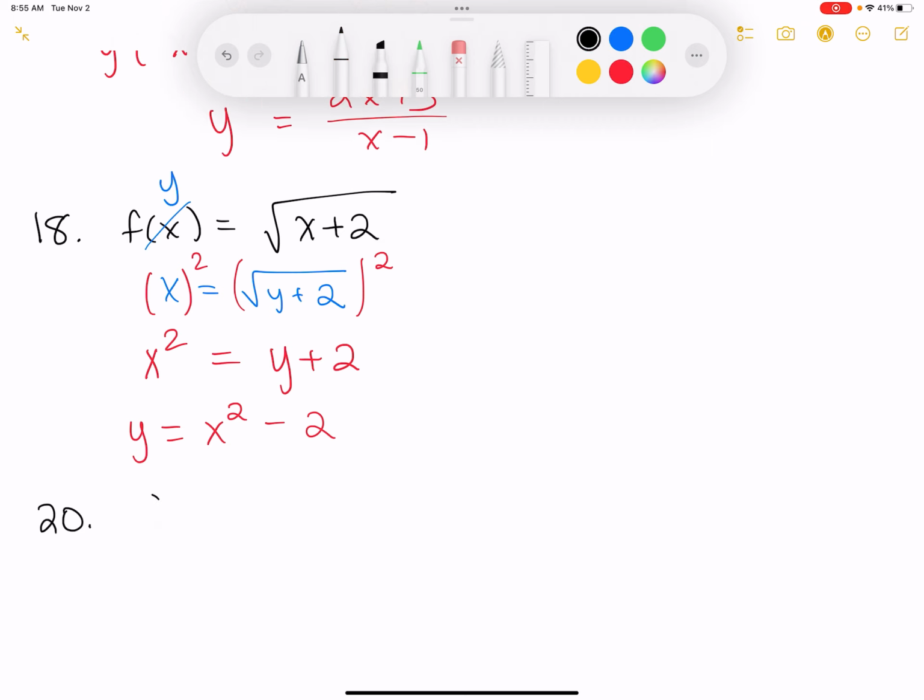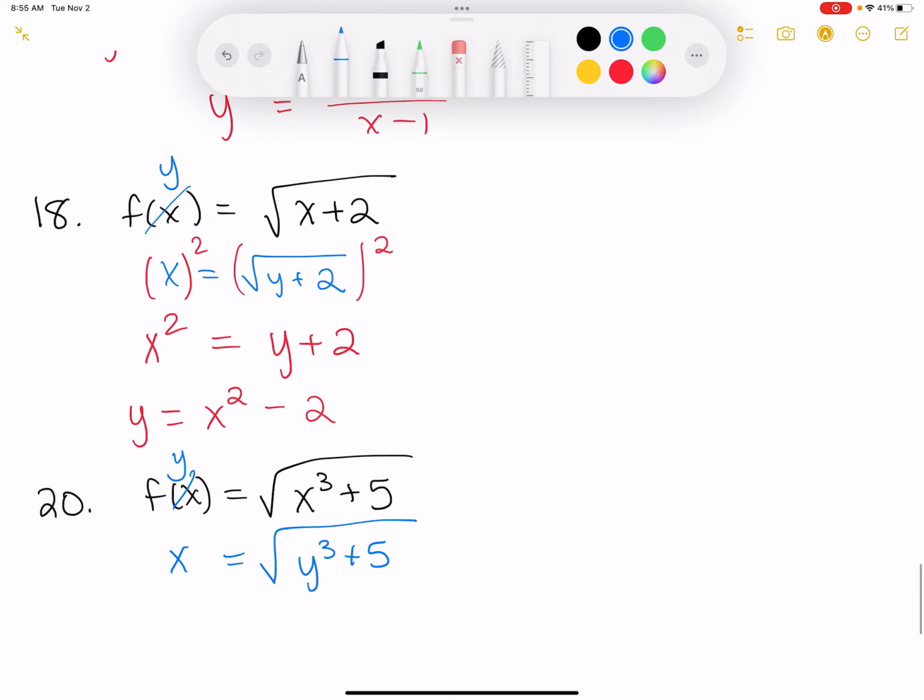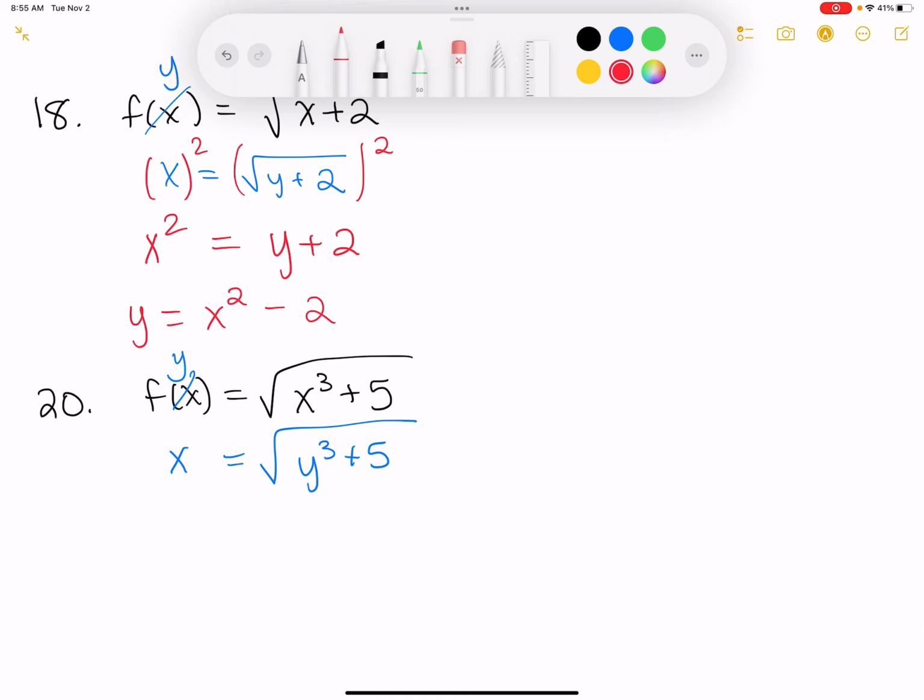All right, 20: f of x is equal to the square root of x cubed plus 5. Hold on, I have to swap first. So x is equal to the square root of y cubed plus 5. I need to square both sides to get rid of the square root.